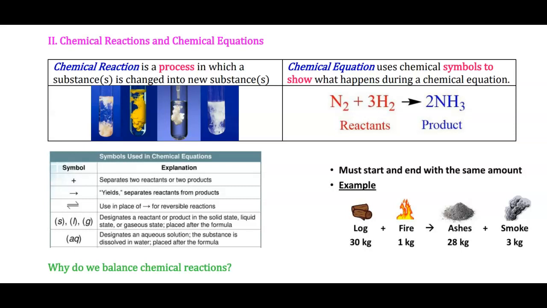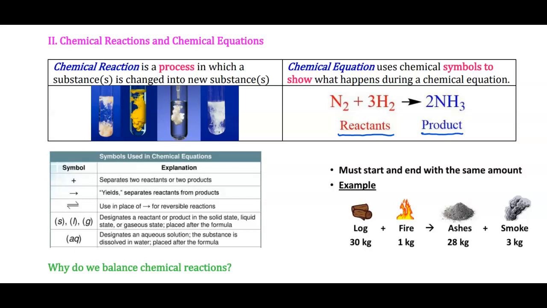So next unit, chemical reactions and chemical equations. A chemical reaction is a process in which a substance is changed into a new substance, right? When out of reactants, new products are formed, right?